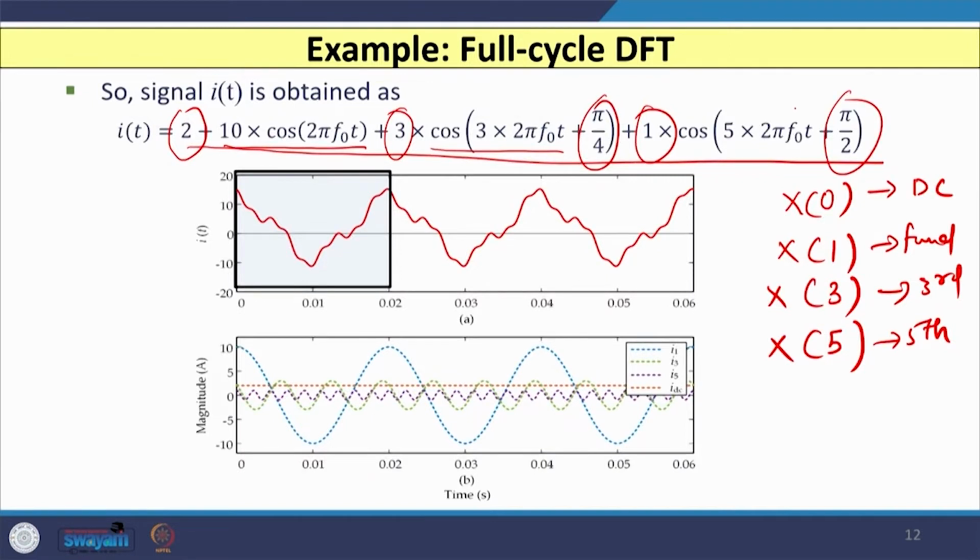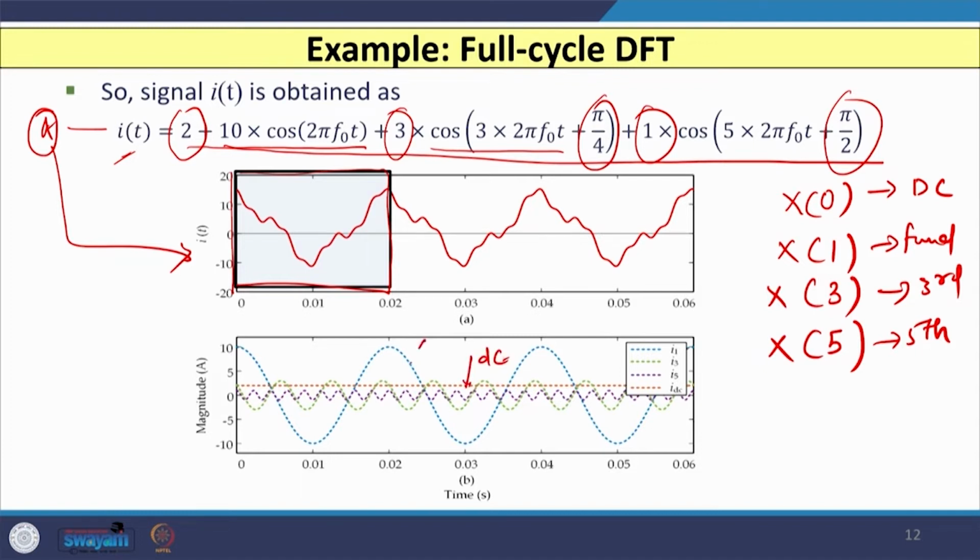So, the signal which is shown here in equation A, if I plot it, then it looks like this. In this signal, we have considered a one cycle window and in one cycle we have taken 16 samples and then we have estimated the phasor value of the DC term.